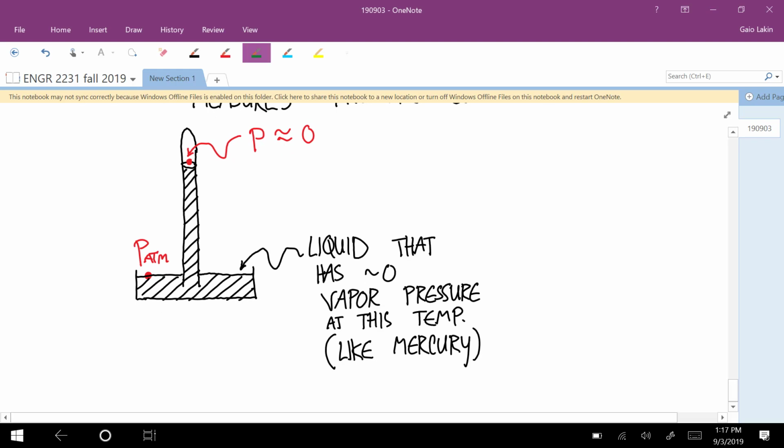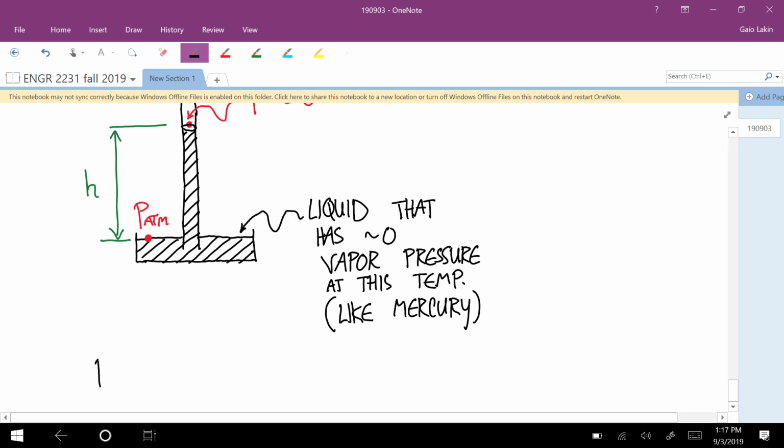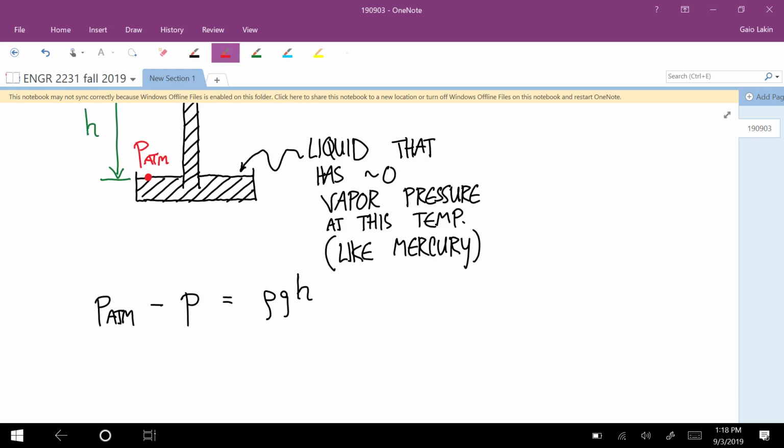And the difference in height is this H. And so the atmospheric pressure minus that pressure P is equal to rho G H. This rho is the density of the liquid.